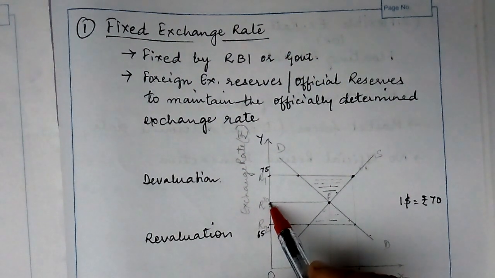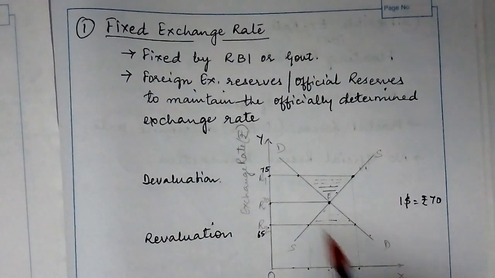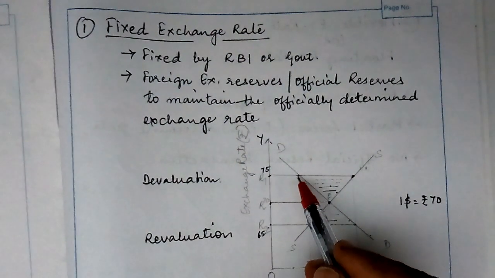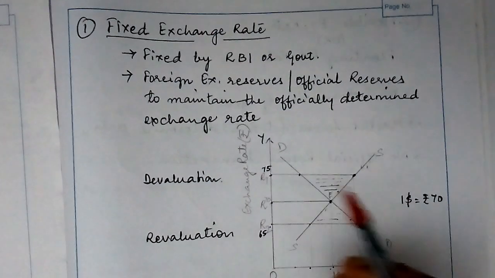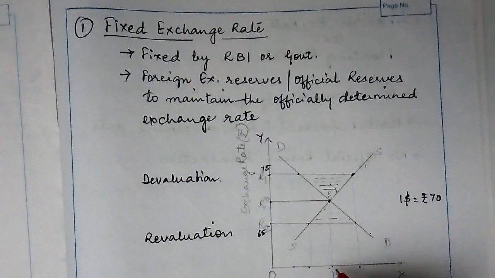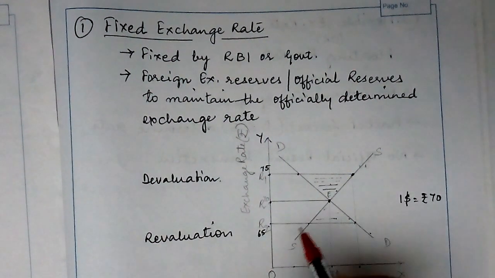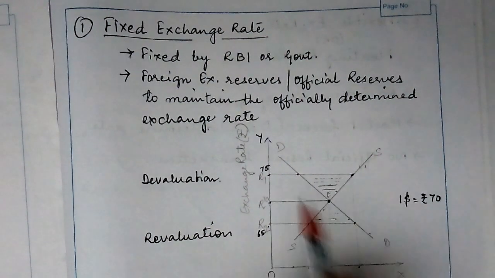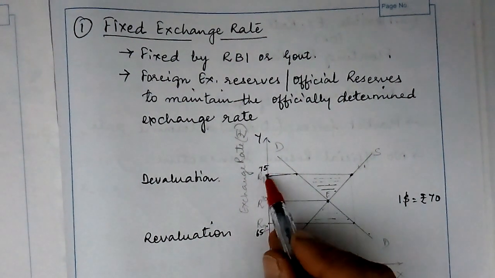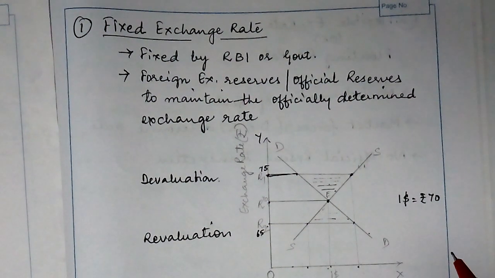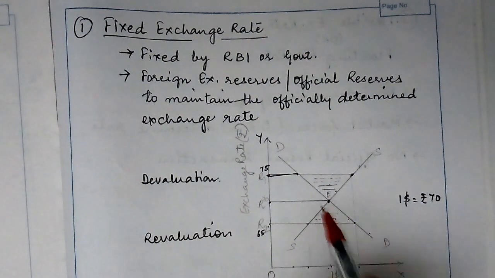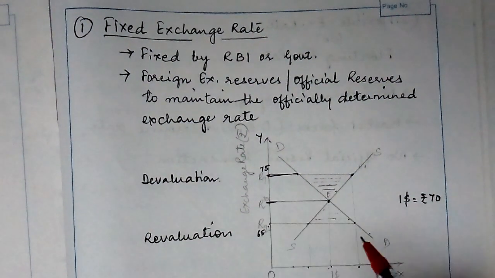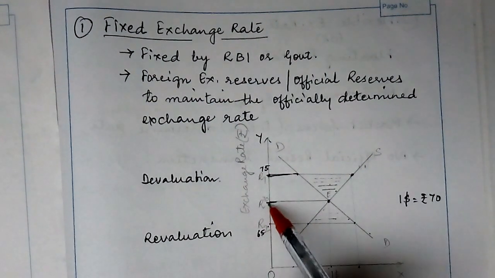Rupee becoming cheaper means that for $1 they will now be paying 75. That means we will get more money for $1. Thus, a new exchange rate will be set up by the government, which is at this point R1, which is greater than R.